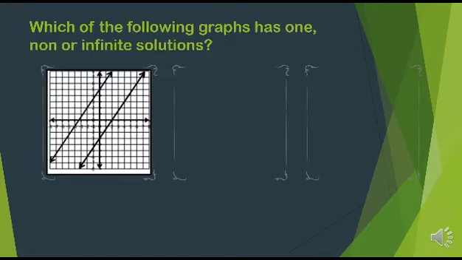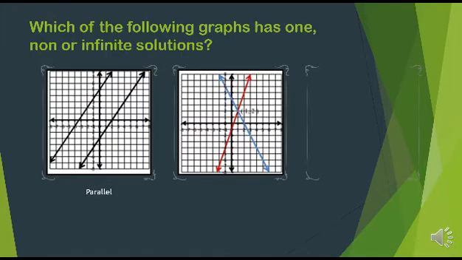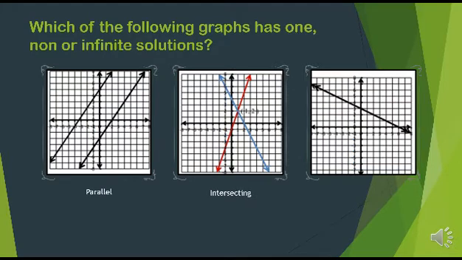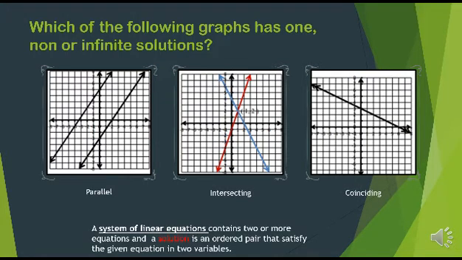Again, we have parallel lines, intersecting lines, and the last one is coinciding. So a system of linear equations contains two or more equations, and the solution is an ordered pair that satisfies the given equations in two variables.